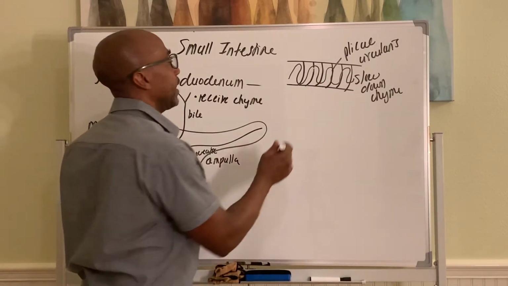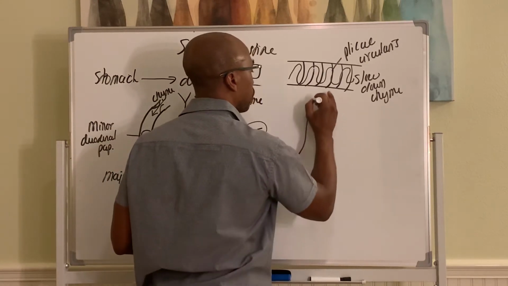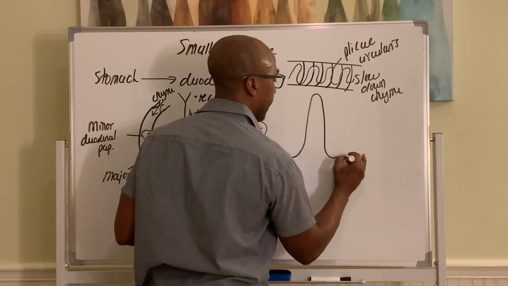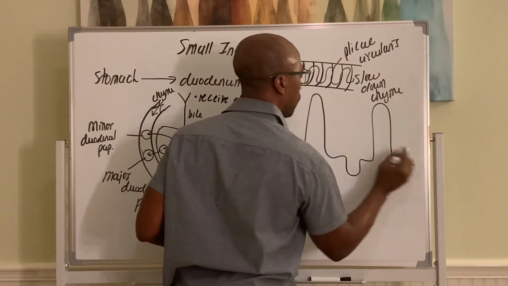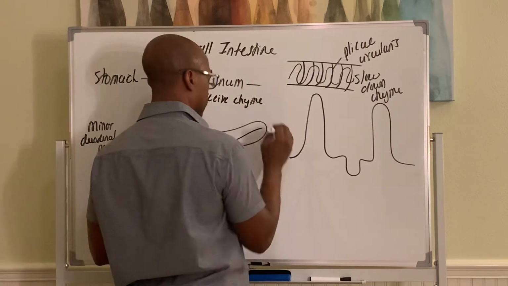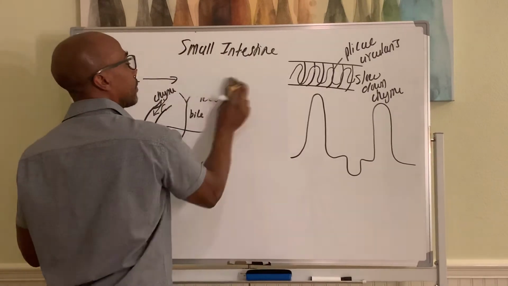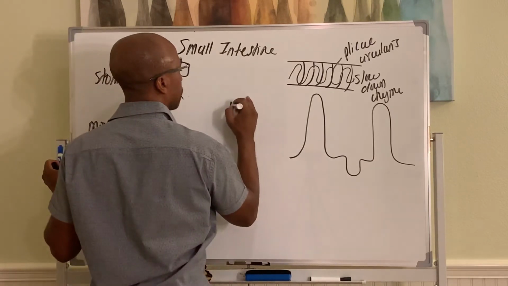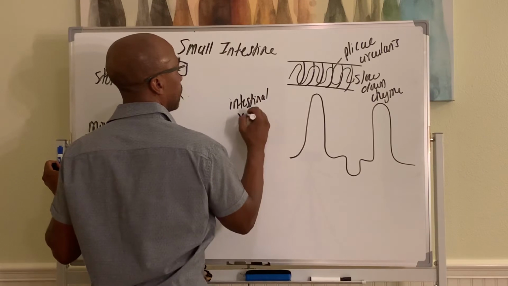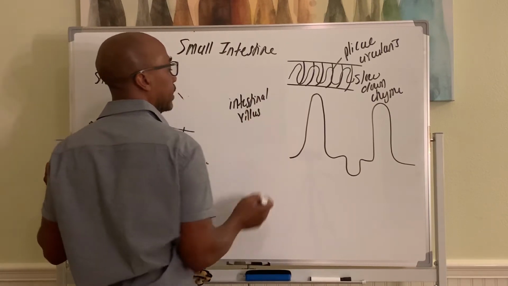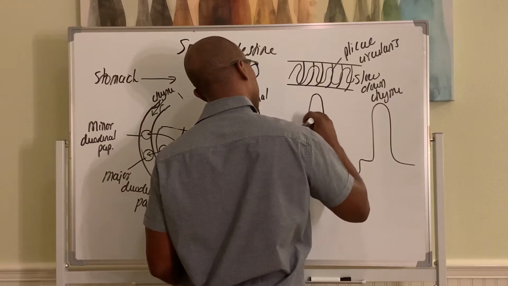Also here you have these structures called villi that are found on these plicae circularis. So these are called your intestinal villus. Your intestinal villus is also a modification found inside your small intestine where you have cells on the villus like these.